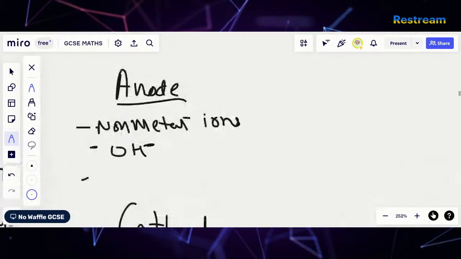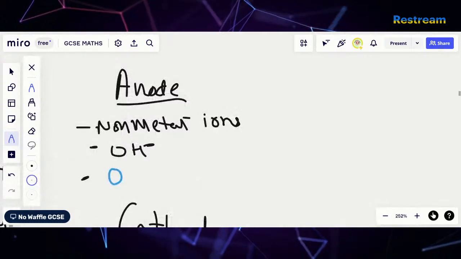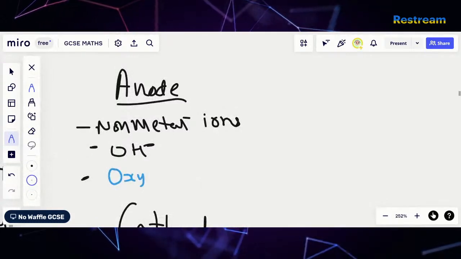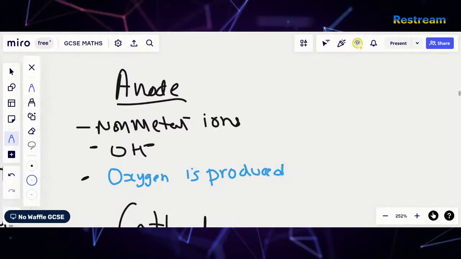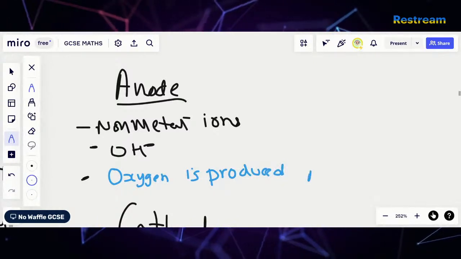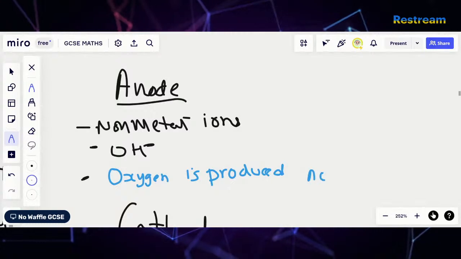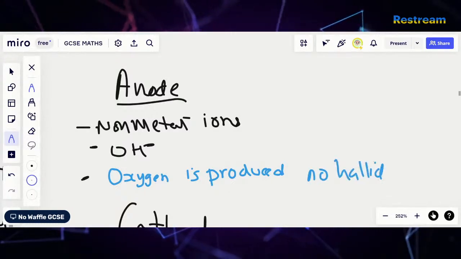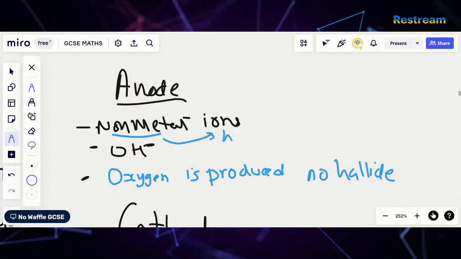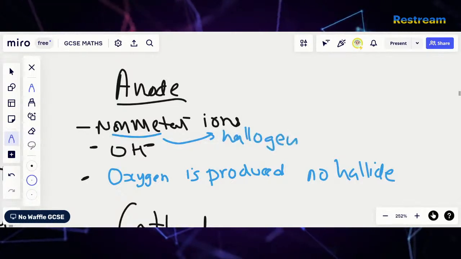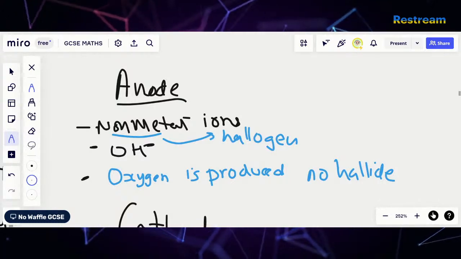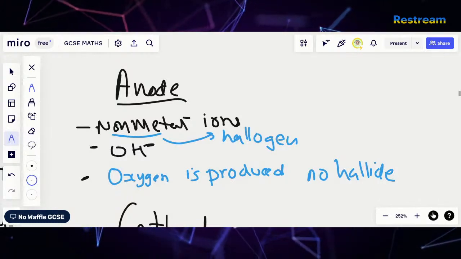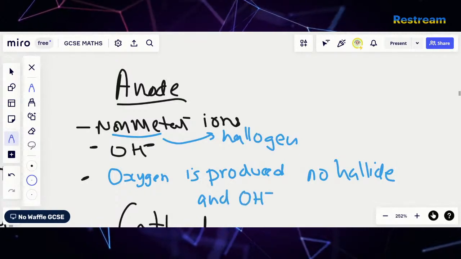The rule is that oxygen is produced as long as there are no halide ions present. So if the non-metal is a halogen, then no oxygen will be produced. But if it is not a halogen, then oxygen is produced and the OH minus ions are discharged.